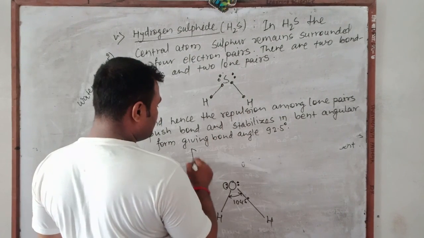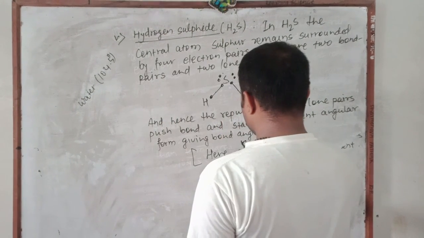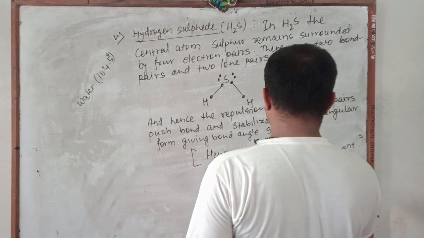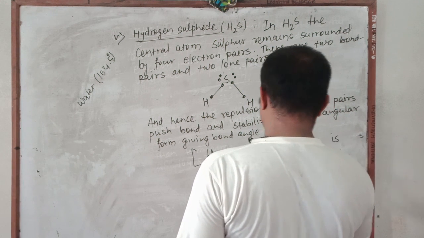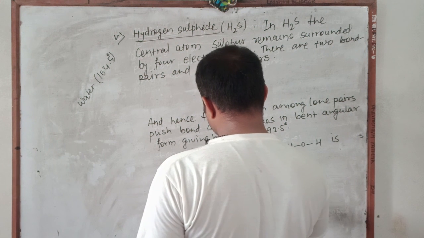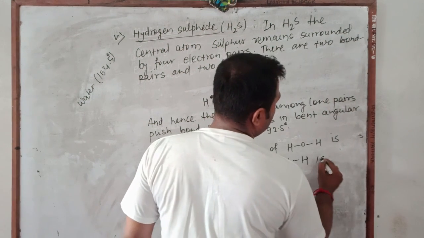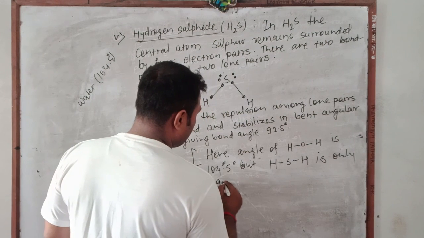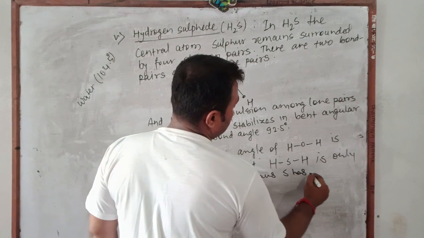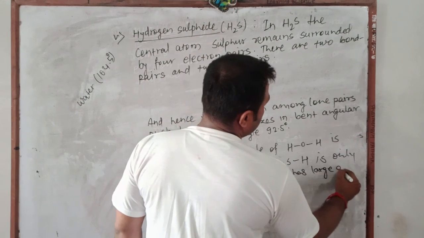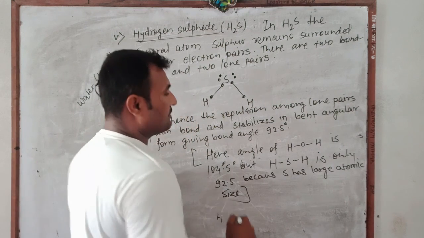The angle of HOH is 104.5 degree, but HSH is only 92.5 degree because sulfur has a large atomic size.